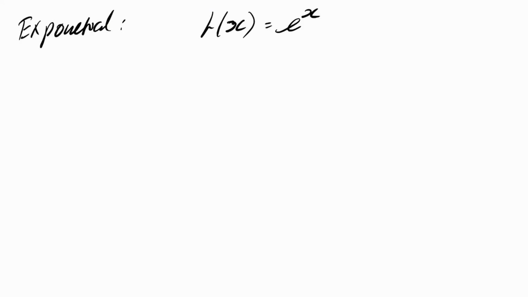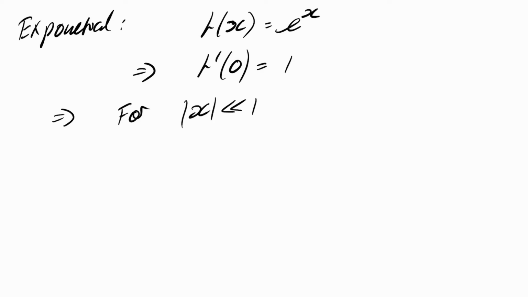There's a useful approximation to the exponential function near the origin. If I consider f of x is equal to e to the x, then that means that f prime at 0 is just 1. So therefore, for x near the origin, e to the x, since e to the x is equal to 1 at the origin, is just approximately equal to 1 plus x.